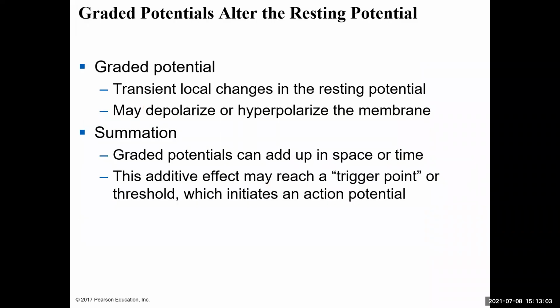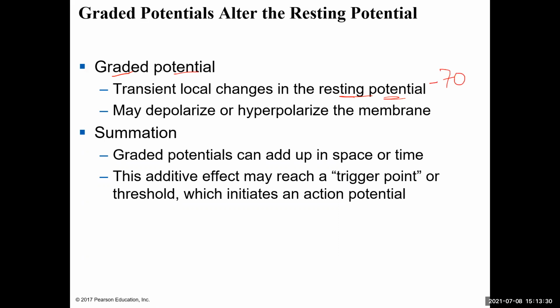If you have some sort of external stimulus to stimulate a neuron, that leads to what's known as a graded potential. This graded potential leads to changes in the resting membrane potential. Remember we said that that's minus 70.